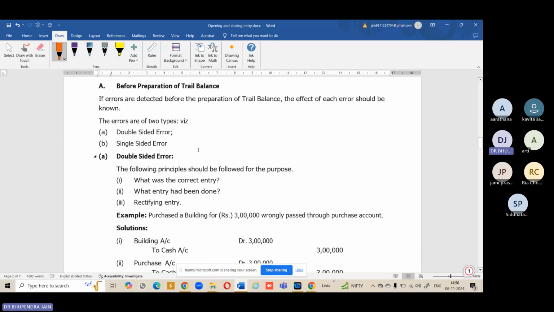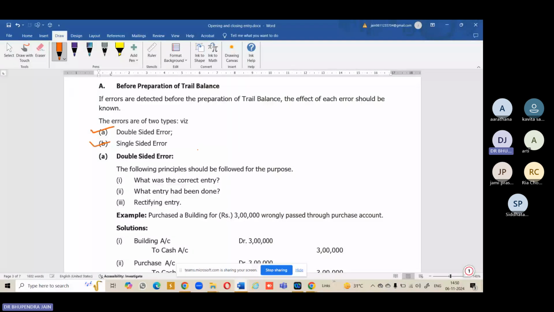Next, first case, before preparation of trial balance. Now, how will we rectify the error before preparation of trial balance? If errors are detected before the preparation of trial balance, the errors should be known as two types: number first is the double side, number second is the single side.